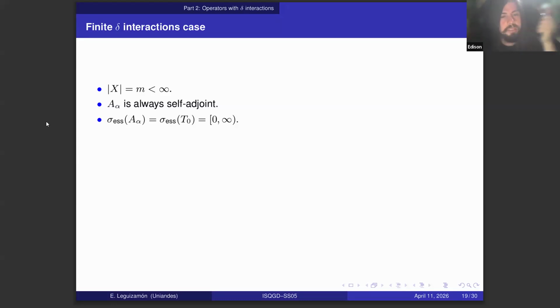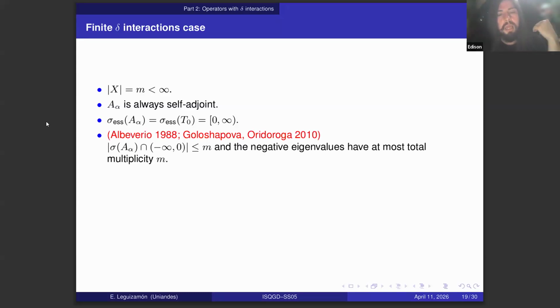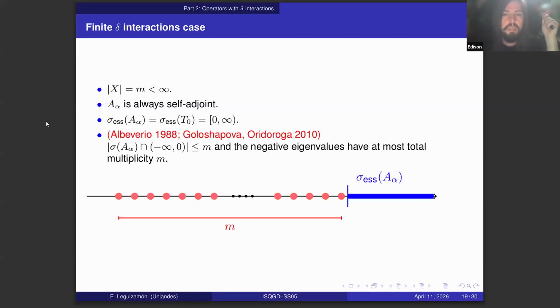And there are some results that count what happened with the negative spectrum. There are a lot of papers that do that, especially these two. And the picture of the spectrum is something like that.